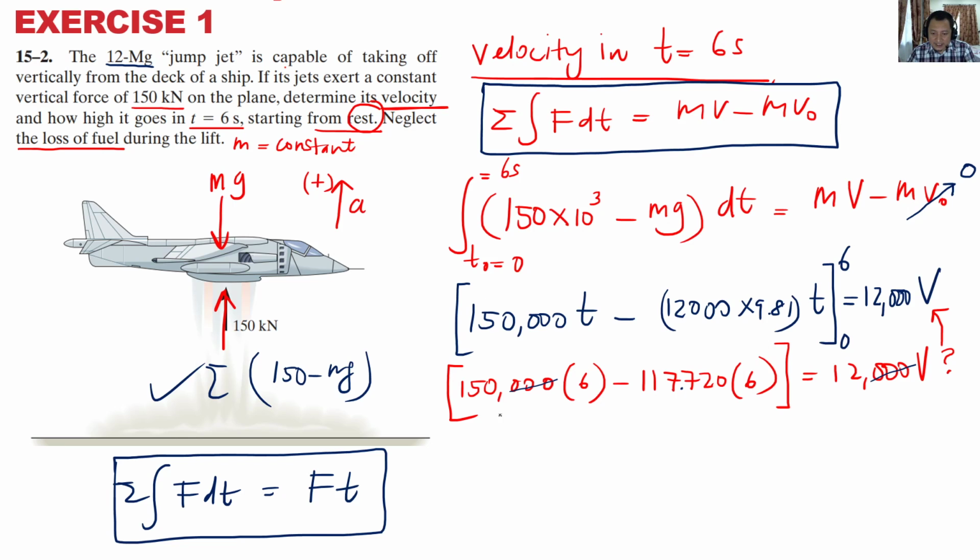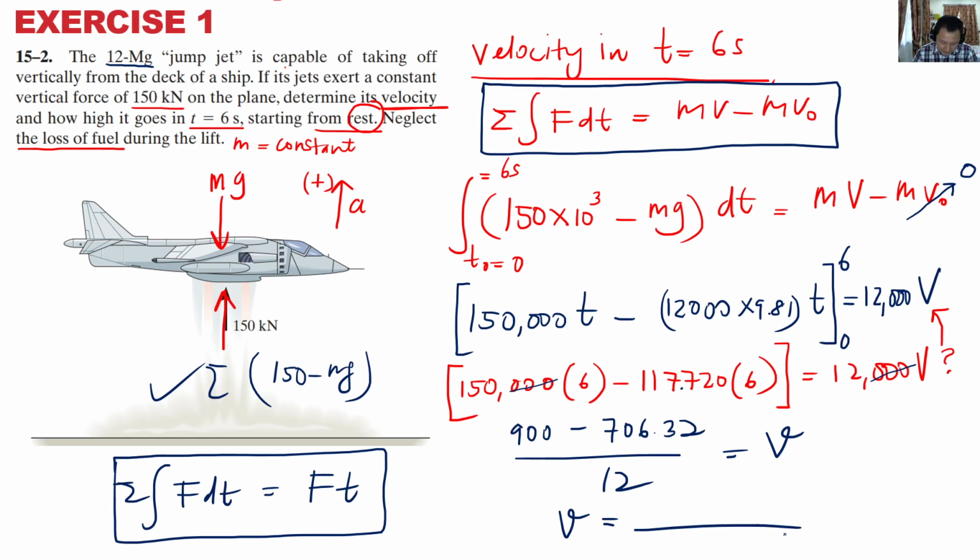So now it becomes 150 times 6, which is 900, minus 117.72 times 6, which is 706.32. Then 706.32 divided by 12. What is V? 900 minus 706.32, divided by 12. It's a small number: 16.14 meters per second.